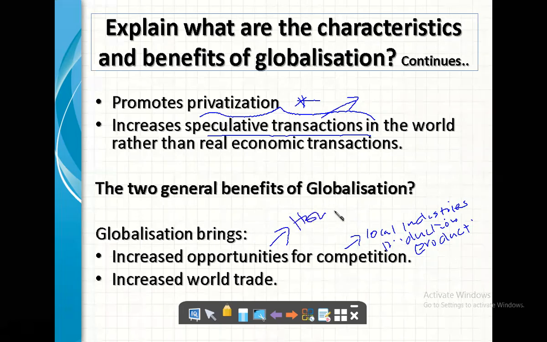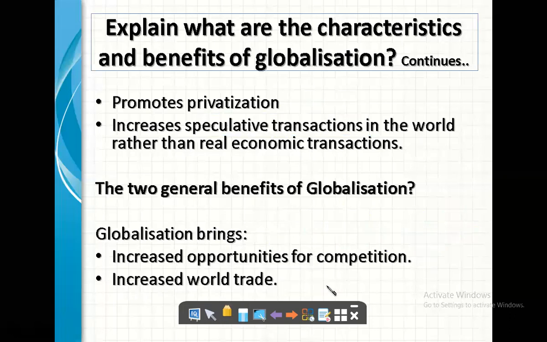Correct. Honey bee. So we have our Highlands honey, and we also have honey from Australia. So that is increasing our competition in buying and selling of honey. So is that clear? Can we move on? Yes.